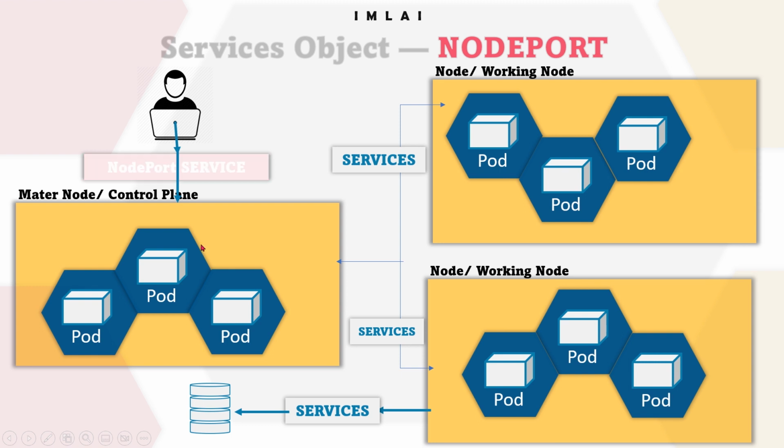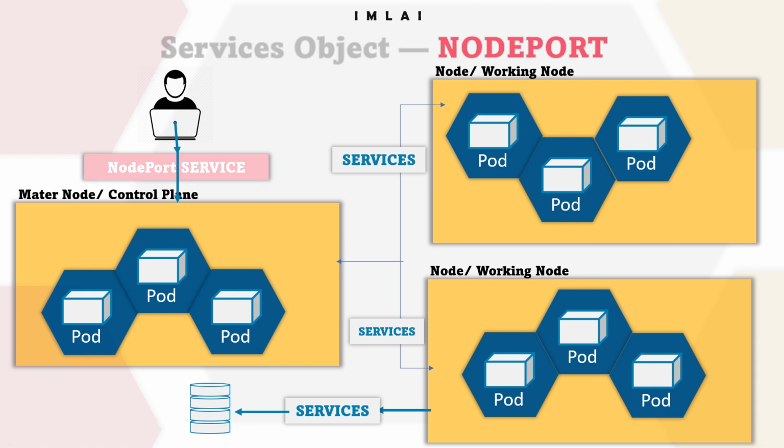When we create the service and check it, we should be able to find the endpoint connected with this pod. If the service is properly connected with the pod, then we can go directly to the browser and access it using the IP of any node, master node or working node, because the service exists across all the nodes.